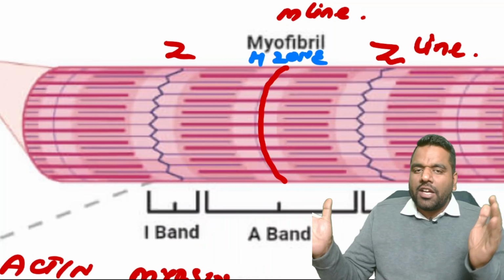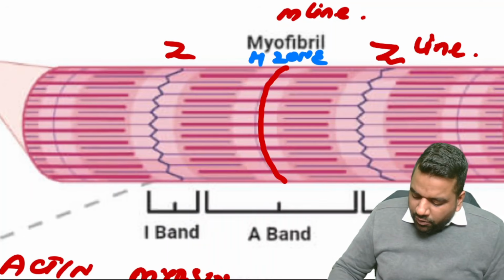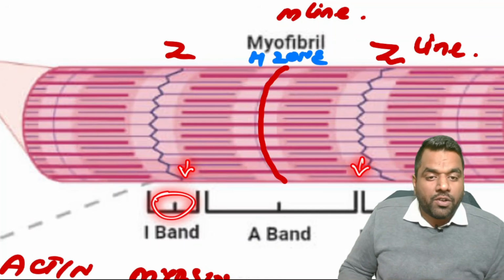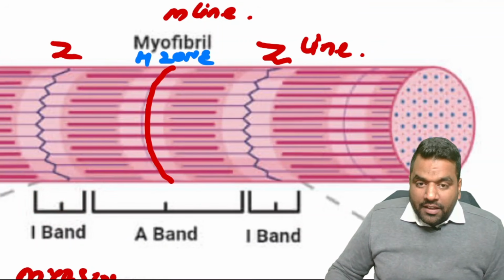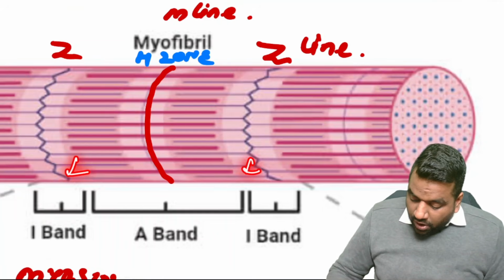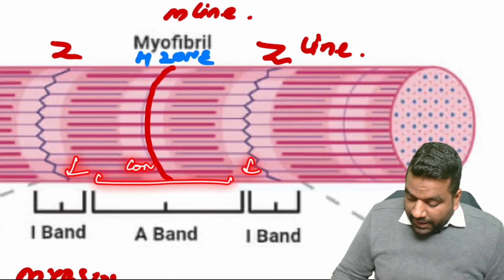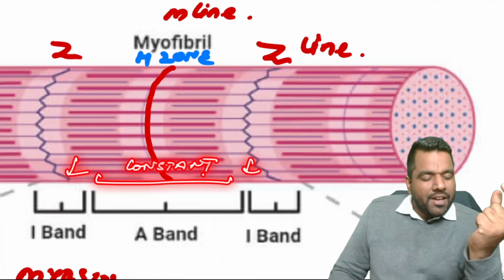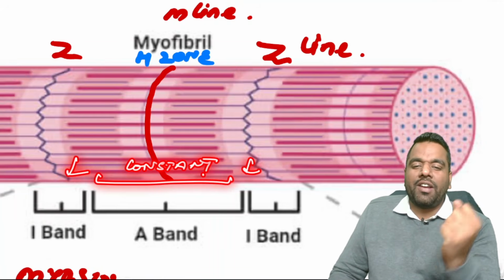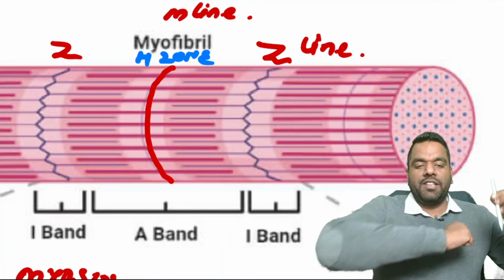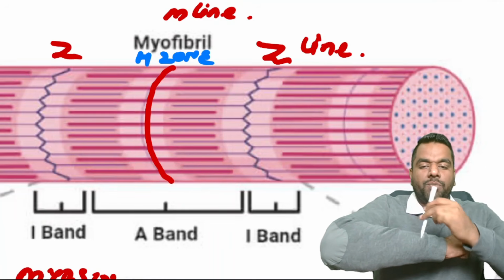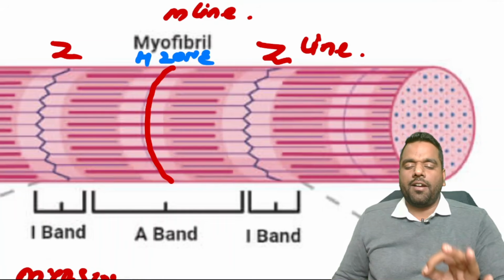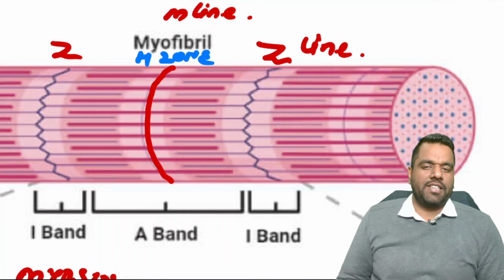Whenever this sarcomere contracts, the size of the I band will decrease. The I band on this side also decreases, but the size of the A band will remain constant because only the myosin head is tilting. Myosin itself is not moving, only the head is tilting. So the size of myosin always remains constant during muscle contraction. Repeatedly asked MCQ in various examinations.